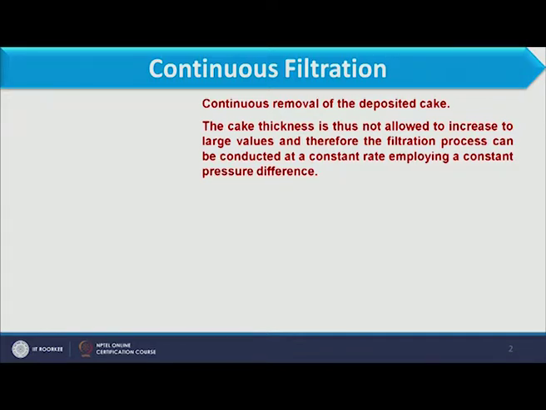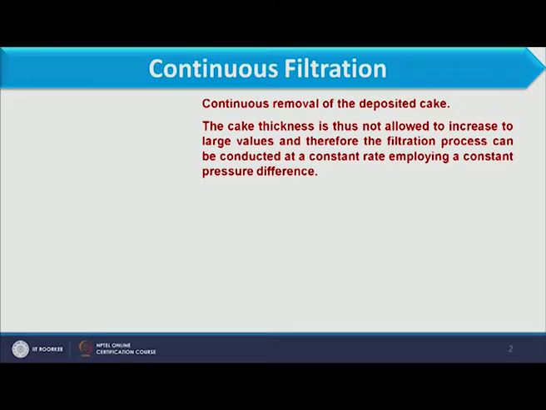Once we operate the system, after some time cake is formed over the filter media. For example, this is the filter media, cake formation appears over here, and as the thickness of this cake increases, the cake offers resistance in the path of the filtrate to cross it.